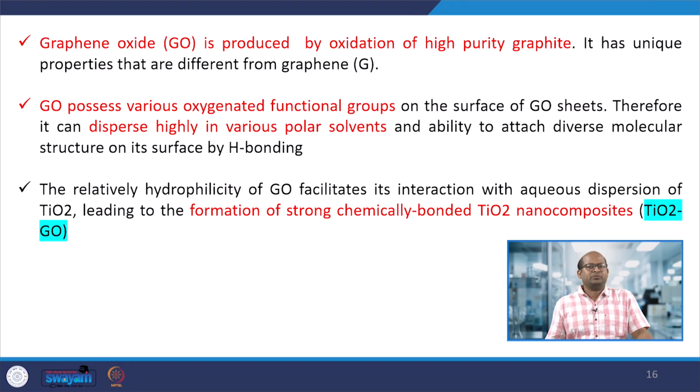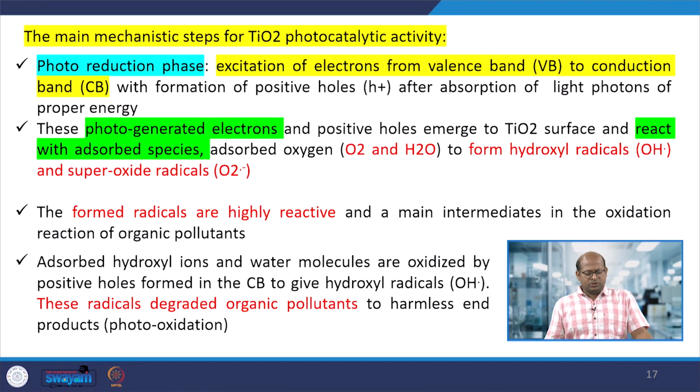In photocatalytic reactions, various peroxide, oxide and hydroxyl radical species are formed. Graphene or graphene oxide assists in the stability of these radicals, which helps in the degradation of bio-based or any pollutants present in water.